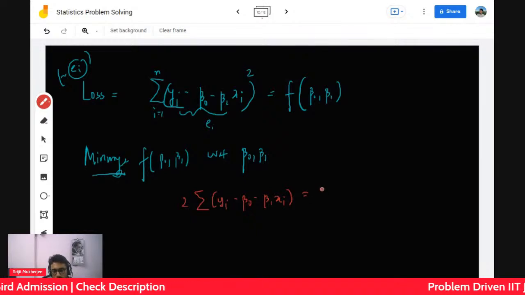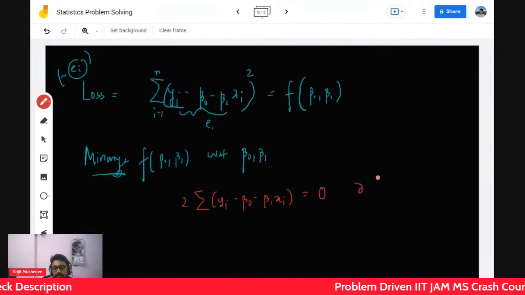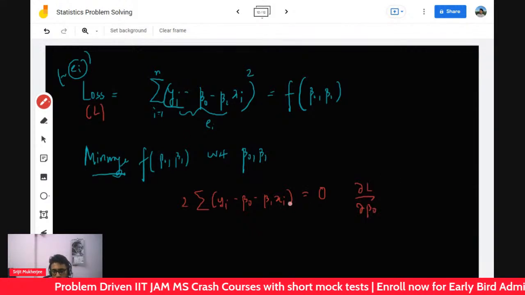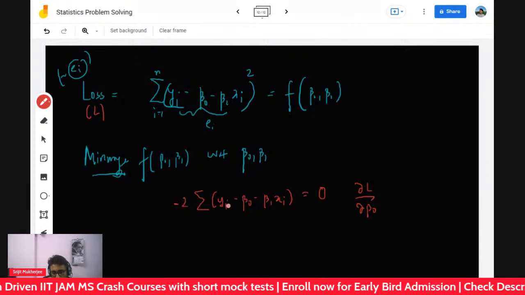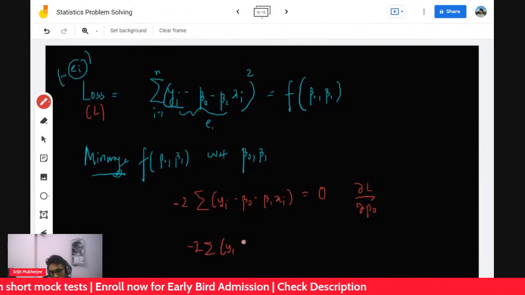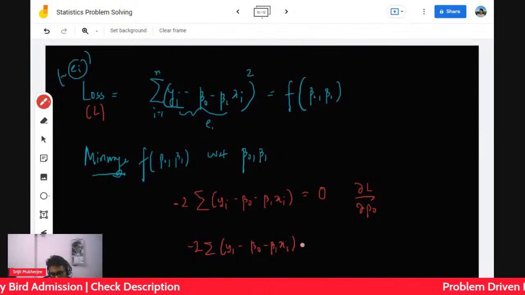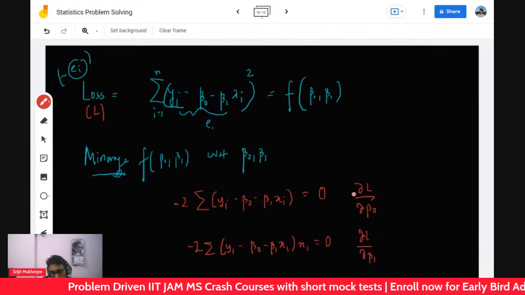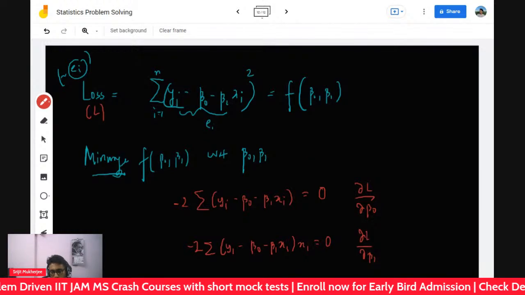Setting it equal to 0, when you do del L by del beta naught, the minus comes out, and there's a minus 2 times (yi minus beta naught minus beta 1 xi) equal to 0. So this is what you get, guys.